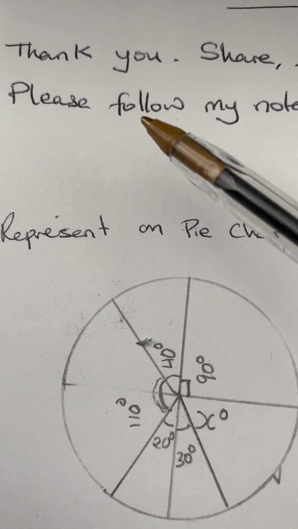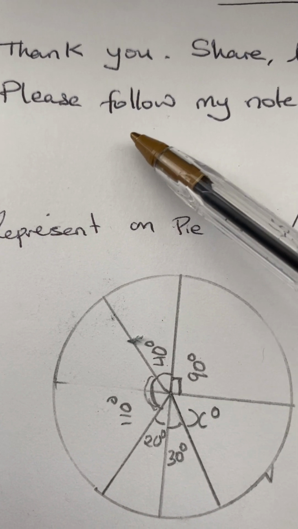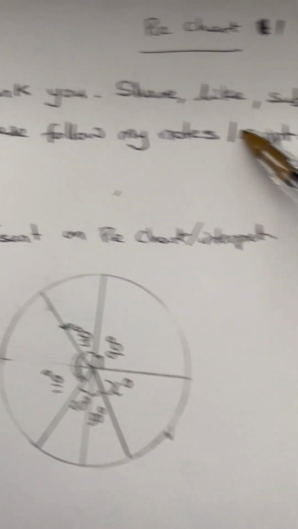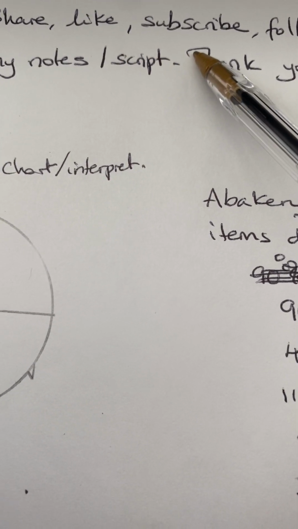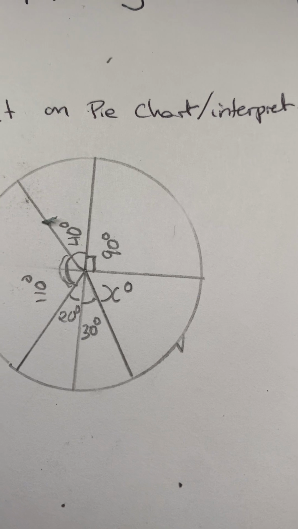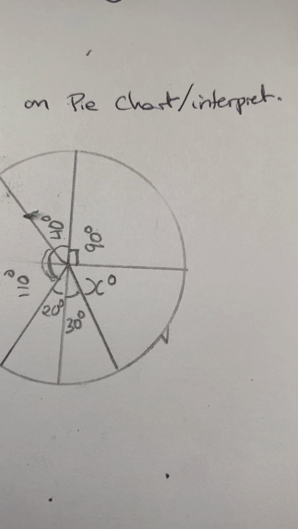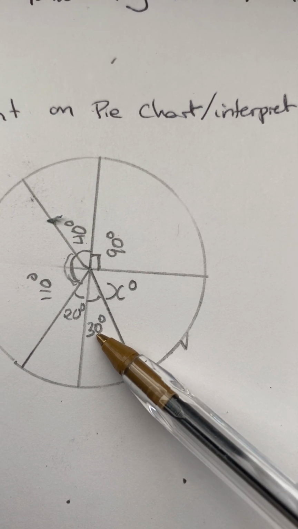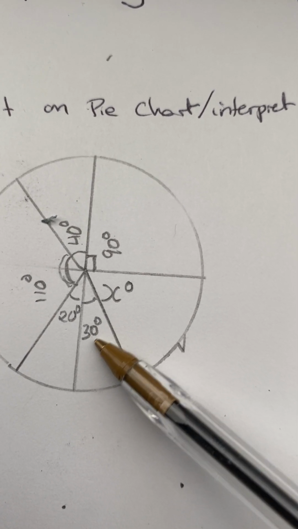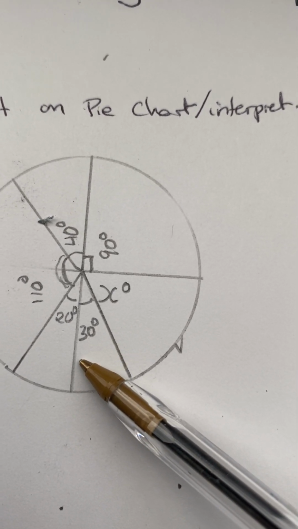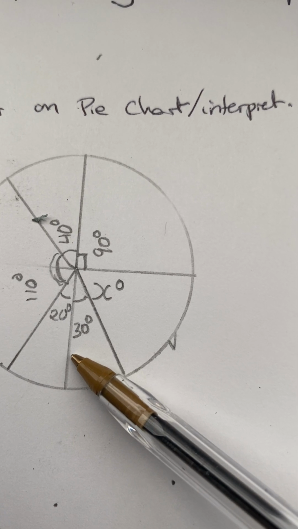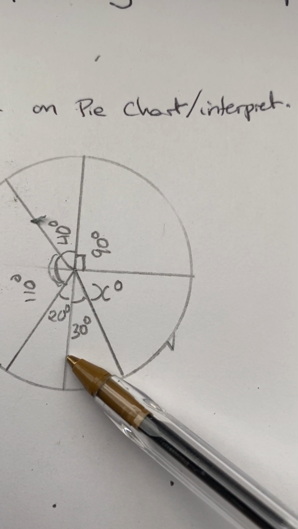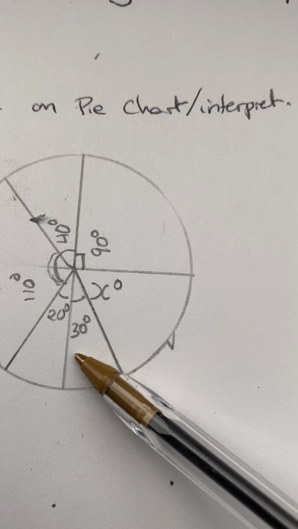Normally in the comment section I write, please follow my notes and scripts. There are times, for instance, let's use this. This is 30 degrees as in angles, not in temperature.